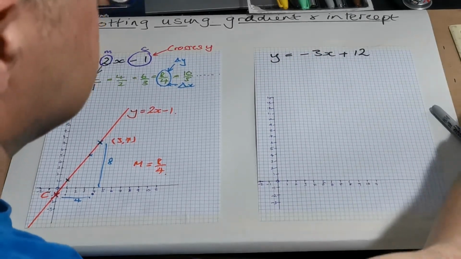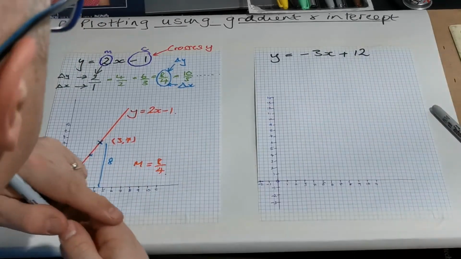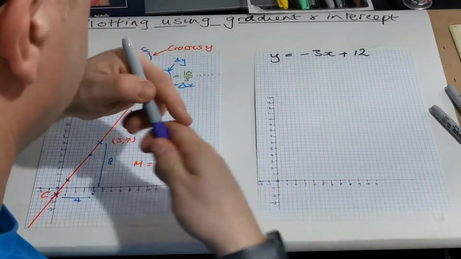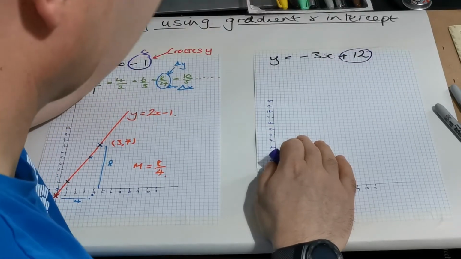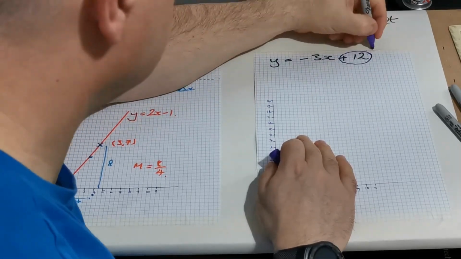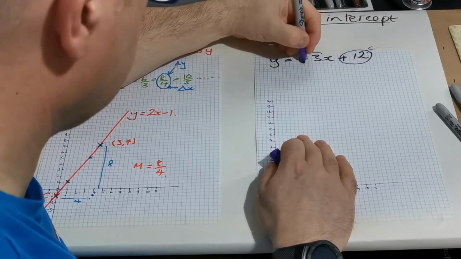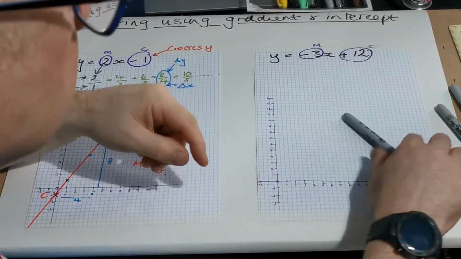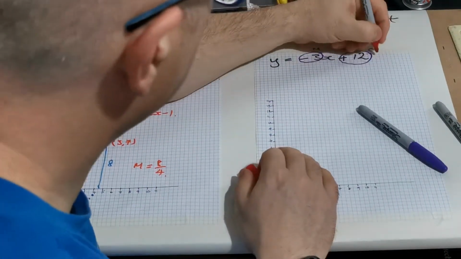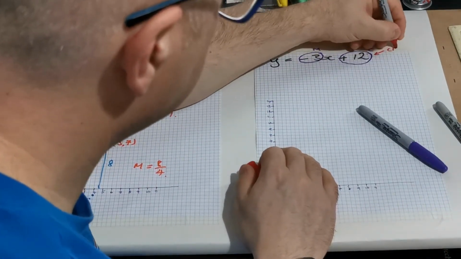So let's have a look at another one. Considering 12 and -3 would be my C and my M. This one's dead easy. That's where it crosses the y-axis.